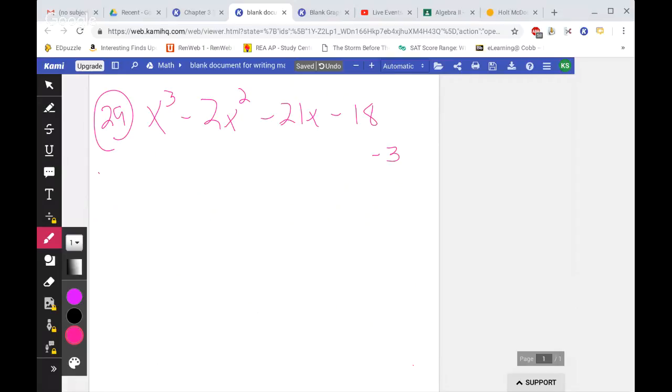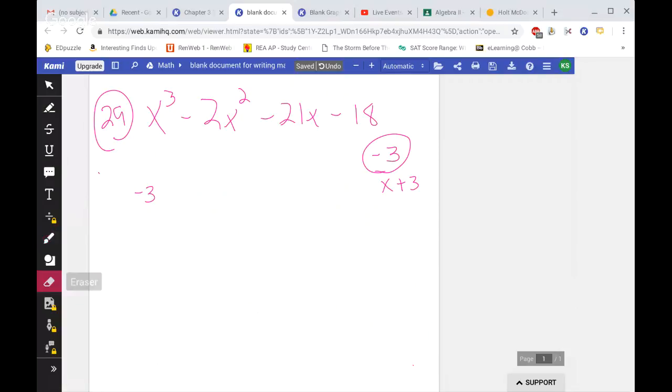And it's giving us one of the zeros as negative 3. So that means we're going to put negative 3, because that means the factor, and I don't want this to throw you off, but the factor would look like that. But the zero looks like that.